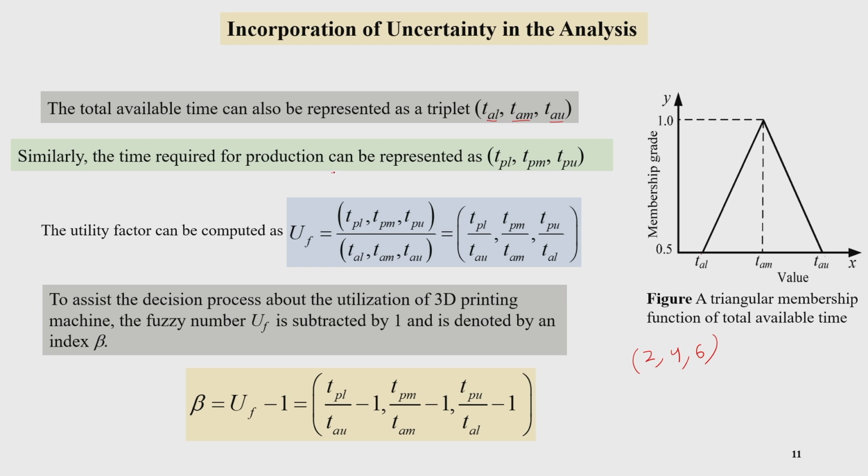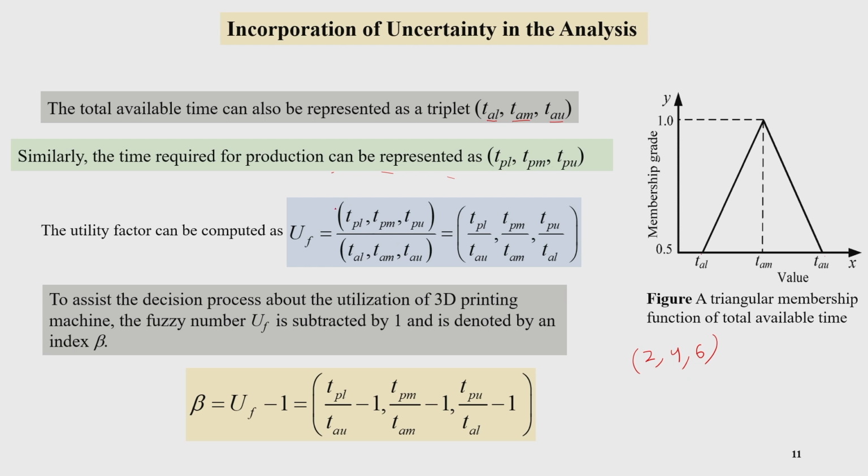Similarly, the time required for production can also be represented as a triplet. Then you have to find out the utilization factor, that means this ratio to this ratio, and that can also become a fuzzy number. So it is basically a fuzzy arithmetic operation of division, you divide this time by this time, but it is basically an interval. In interval arithmetic also we used to do that. In an interval, any number will be given as an interval, and we do that.